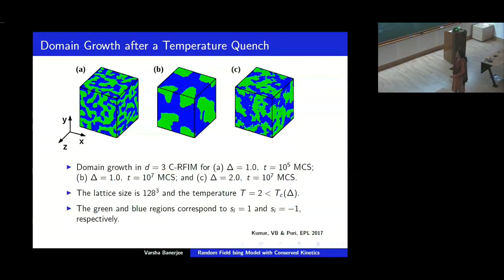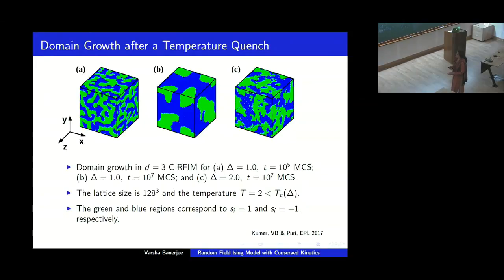And the temperature is 2, which is less than Tc, which was about 4.5. These are two snapshots as time evolves. As one can see, there's formation of order here. The green spins correspond to S_i equal to +1, and blue correspond to S_i equal to -1.